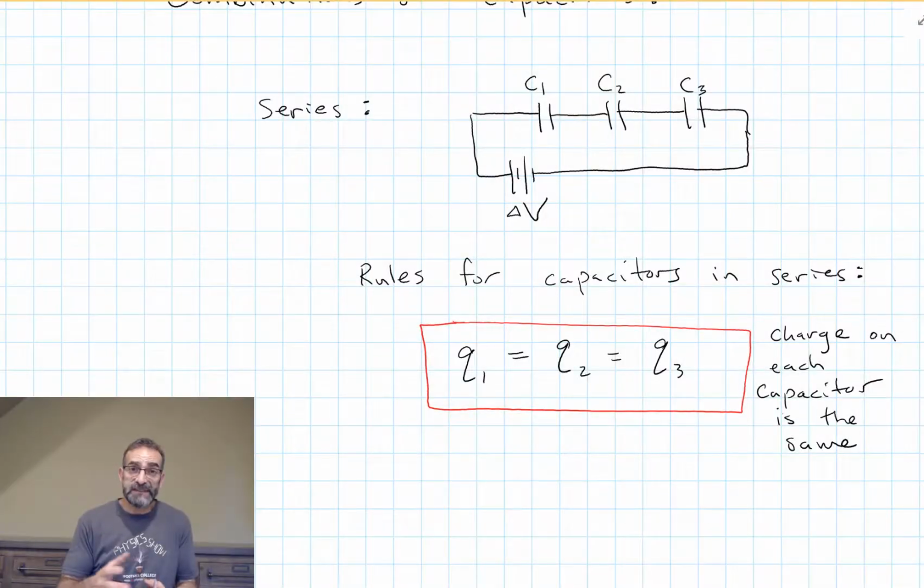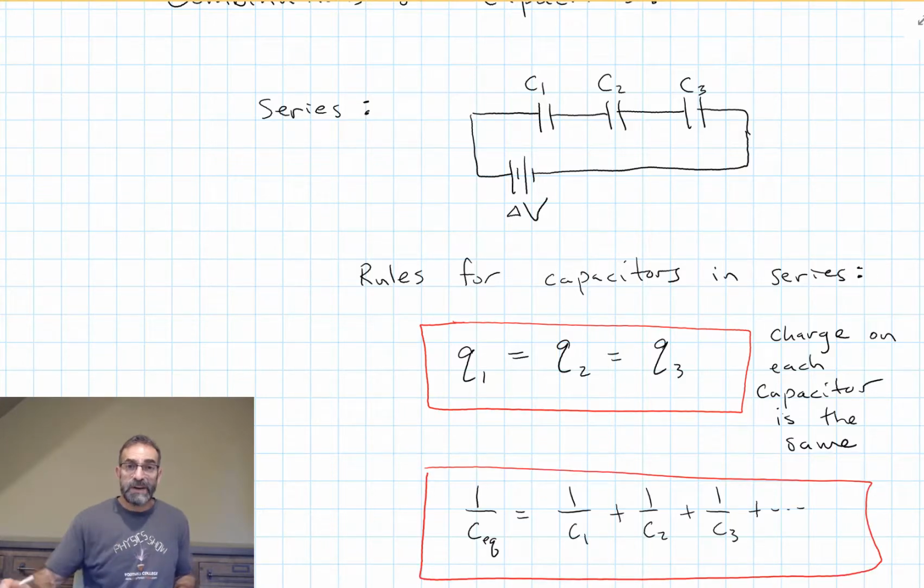The other thing that's convenient is to be able to combine these capacitors and think of them as a single capacitor. What 1 capacitor would I have to use to act the same as these 3 in series? We call that the equivalent capacitance.